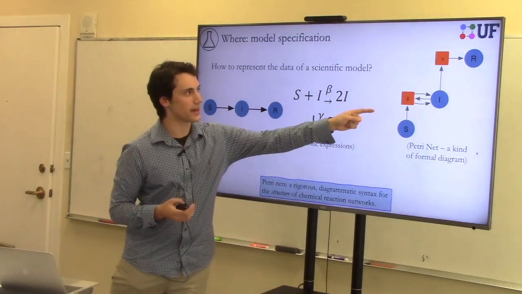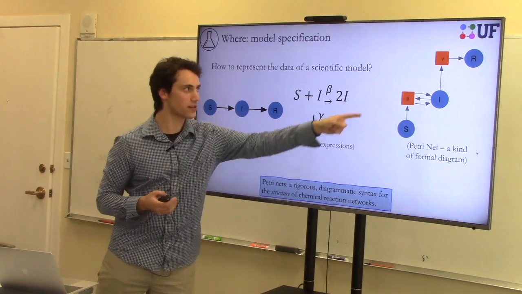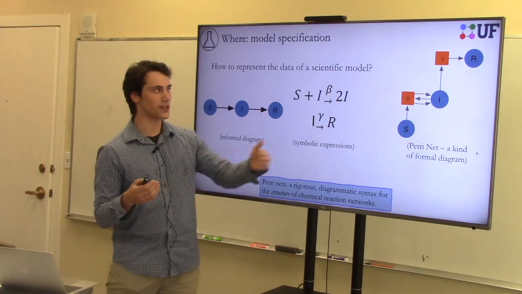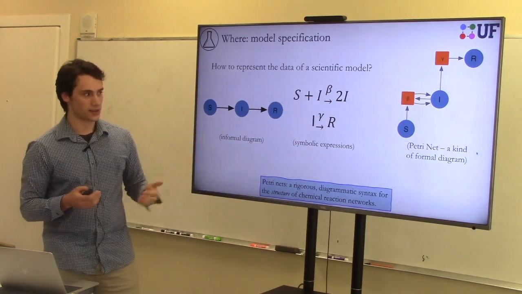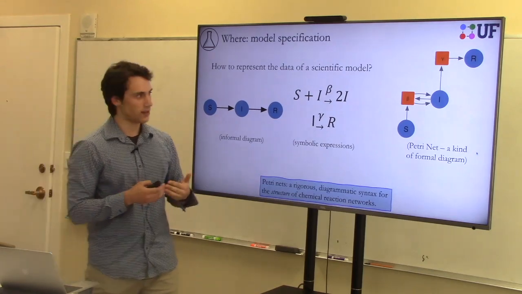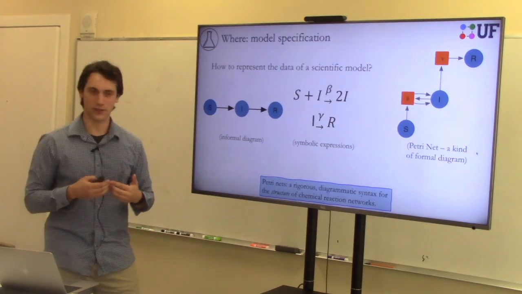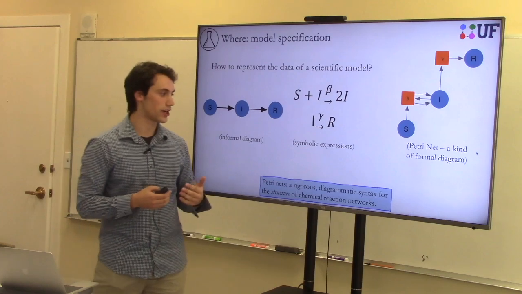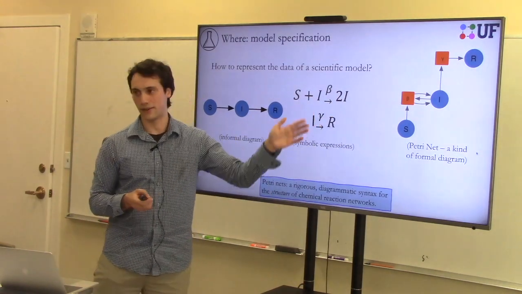You can see by counting the number of arrows in or out of these orange squares that we actually have all the information to losslessly regenerate these equations from this. And this is called a Petri net. It seems like a small advantage, that it's visual, and maybe a superficial difference. But I'm going to try to argue that this is actually a really valuable form of encoding these reactions.